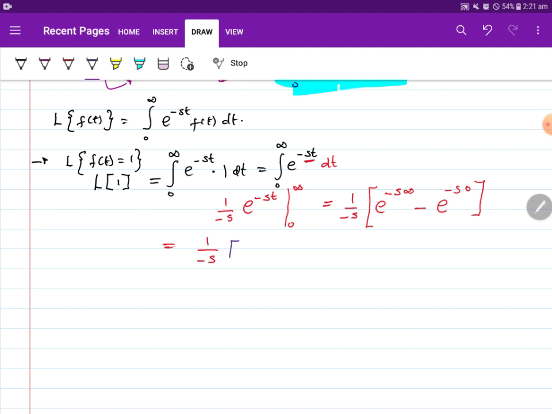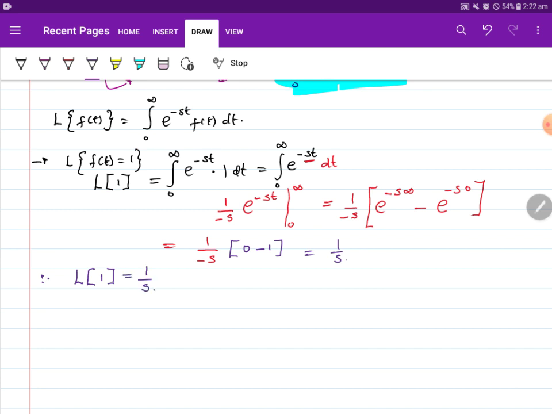Is 0. That into bracket is 0. Minus s times 0 is 0. Exponential 0 is what? 1. Anything raised to power 0 is 1. So this minus 1. So I have it to be 1 over minus s times minus 1 equals to what? 1 over s. Therefore, the Laplace transformation of 1 is equal to 1 over s.